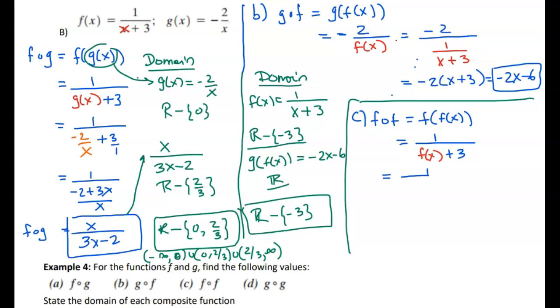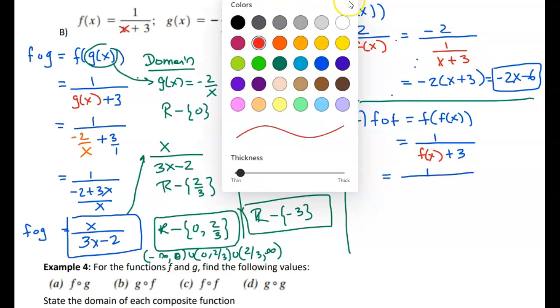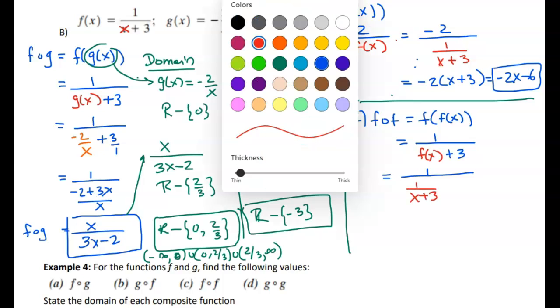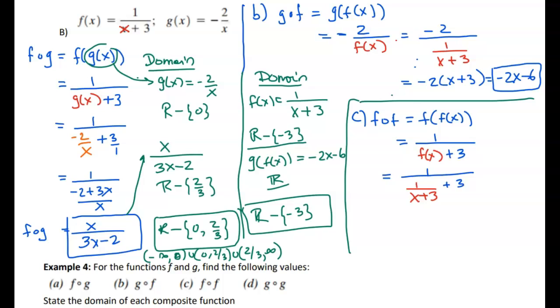So we have 1 over the equation of f, which is 1 over x plus 3, plus 3. All right, we gotta simplify this, find common denominator. Then we get 1 over 1 plus 3 times this, 3x plus 9 over x plus 3. Do the reciprocal, so this is x plus 3 over 3x plus 10. Right, so this is f of f.